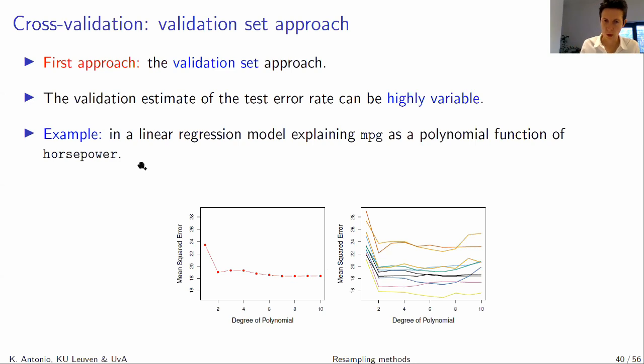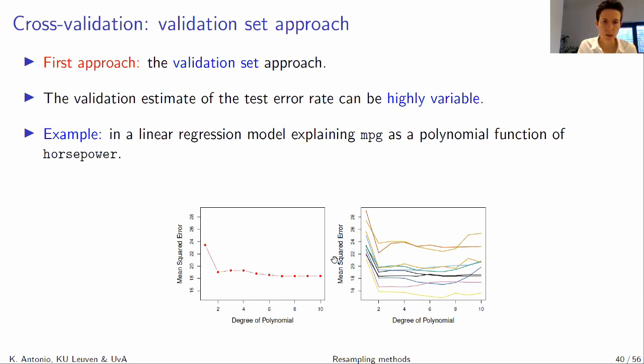And what we're illustrating here is this validation approach, where we say, let's use, for instance, 70% of our data for training and put 30% aside as a validation set. And let's calculate the mean squared error over this 30% of the data that we didn't use for training. And let's do this for different degrees of the polynomial of horsepower that we want to do, right?